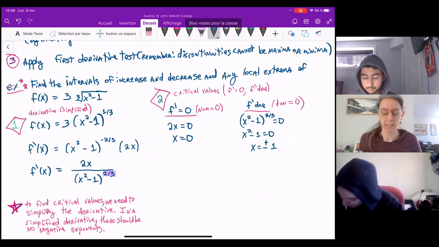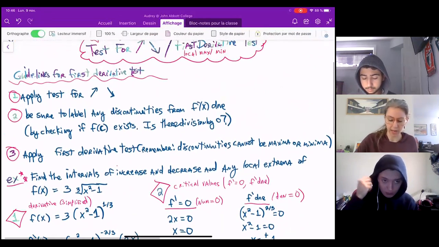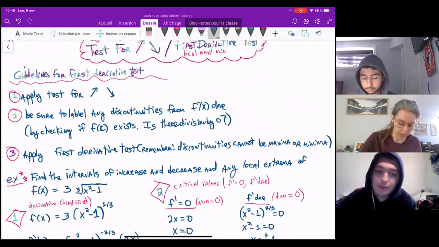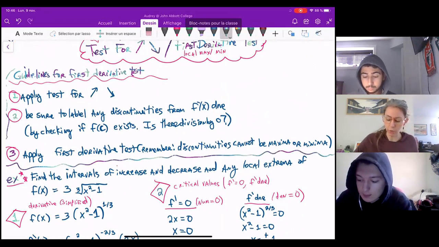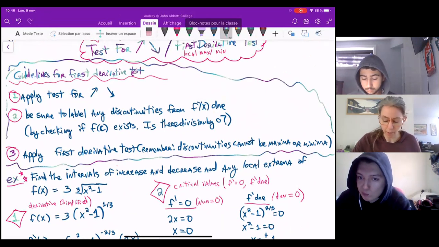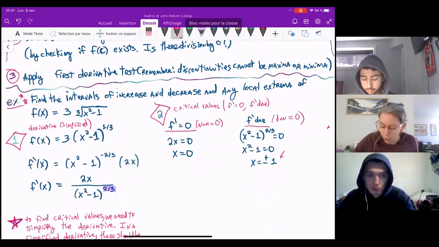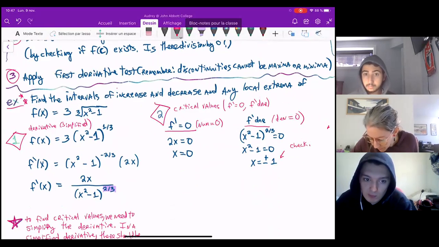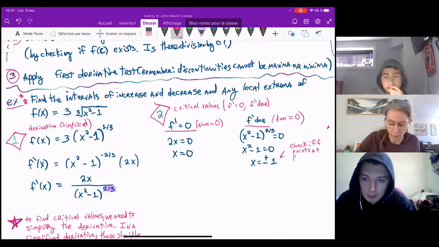Now, next, I'm going to go up here to these guidelines that we gave ourselves this morning for the first derivative test. Actually, I'm going to put them in a little cloud to separate them. It says, be sure to label any discontinuities from f prime of x by checking if f of c exists. So when f prime of x does not exist at these two values, we need to check if f exists at 1 and negative 1.